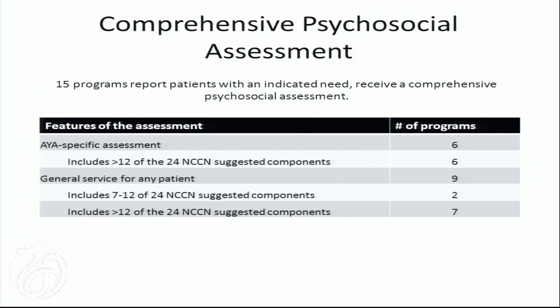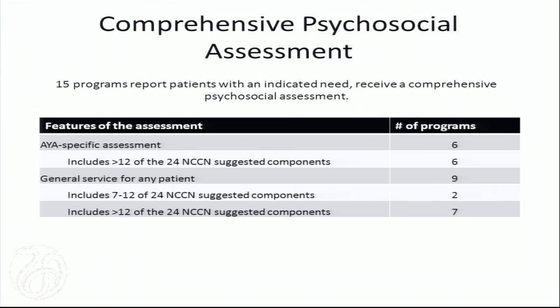As you can see in the table, there are 6 programs that say they implement an AYA-specific assessment, and on that second line, the NCCN has 24 different components that they suggest to include in a comprehensive assessment, and as you can see, all 6 of those programs are touching on over 12 of those 24.